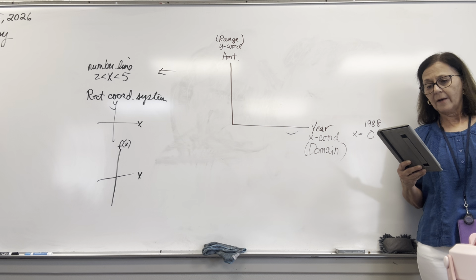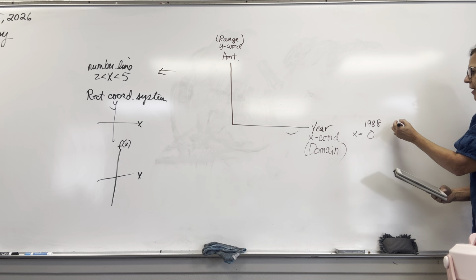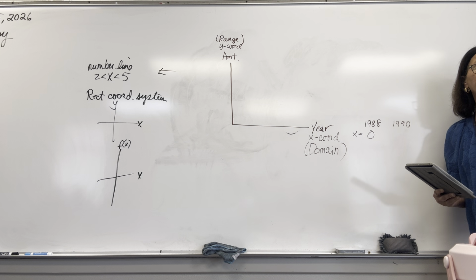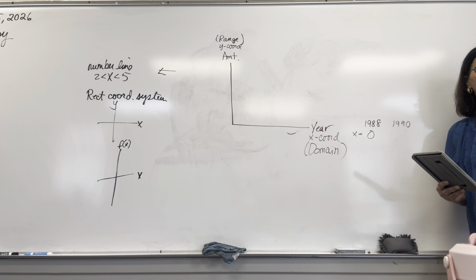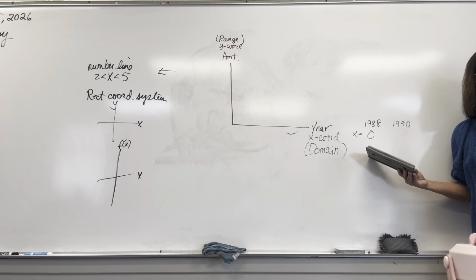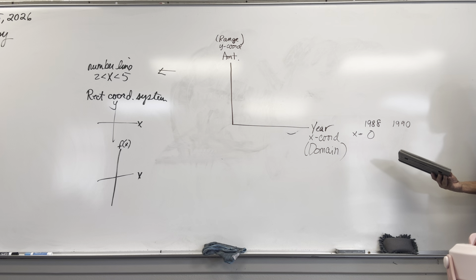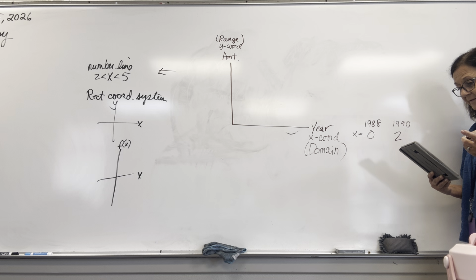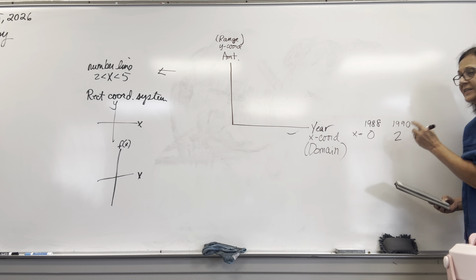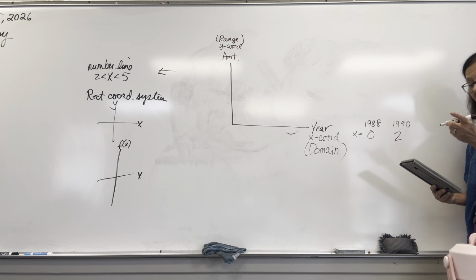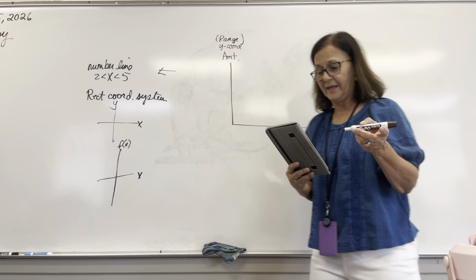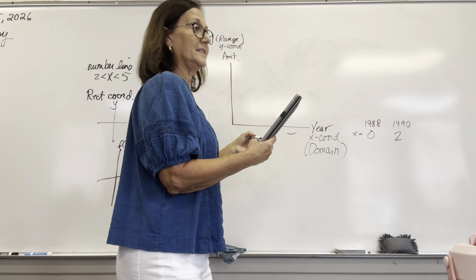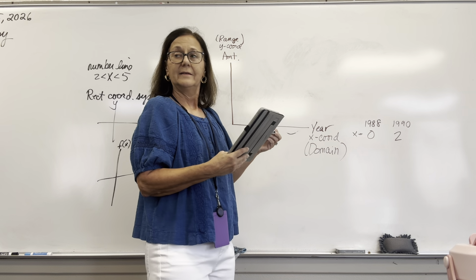Then we're going to count up from that. So if I go from 1988 to 1990, what should be my X coordinate for 1990? If 88 is 0, 90 should be 2. And then 92 should be 4, and 96 should be 8. Does that make sense?